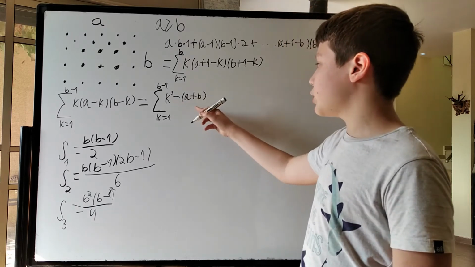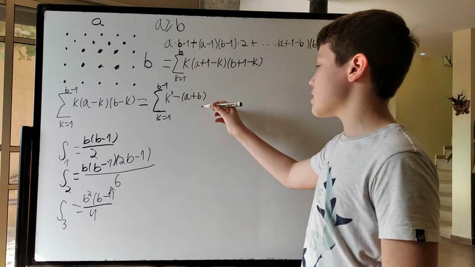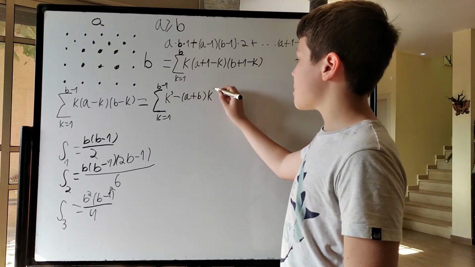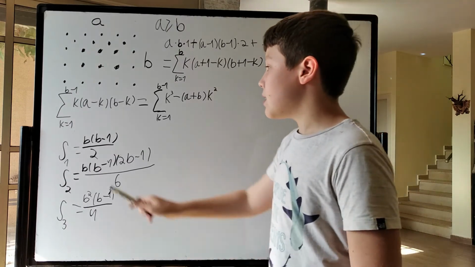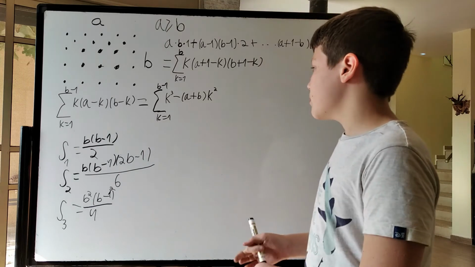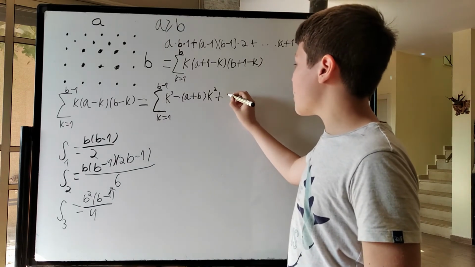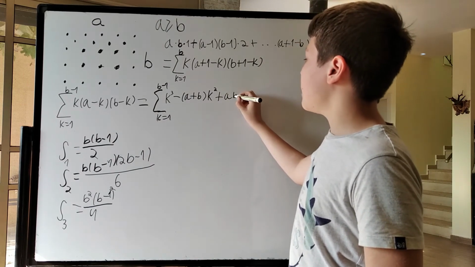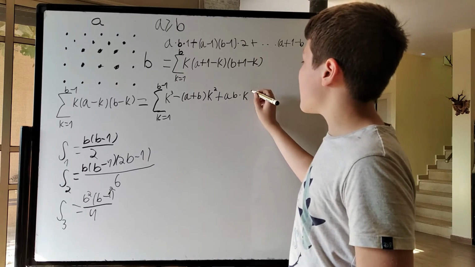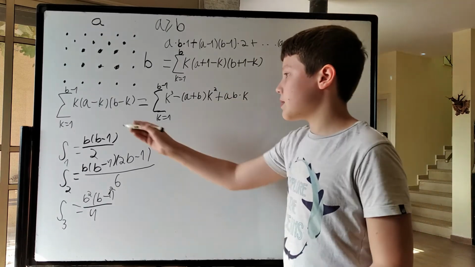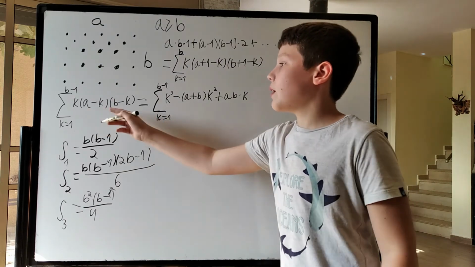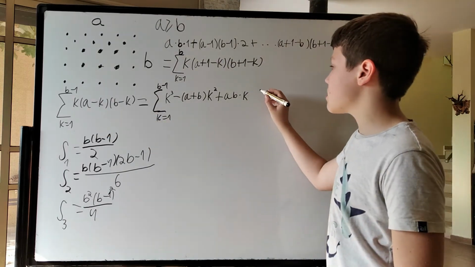So that's the coefficient, negative the quantity a plus b, times k squared. And for k, the only way we can have k is k times a times b. So we have ab times k, and we can't have any constant term since we multiply everything here by k.